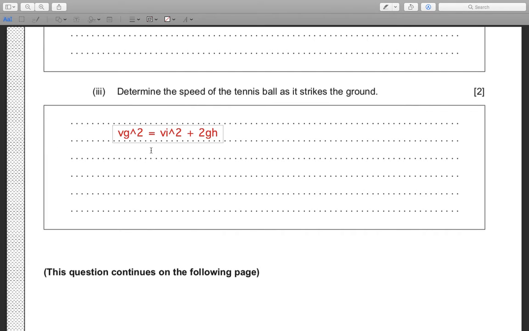So we get vg, which is the root of the value here.